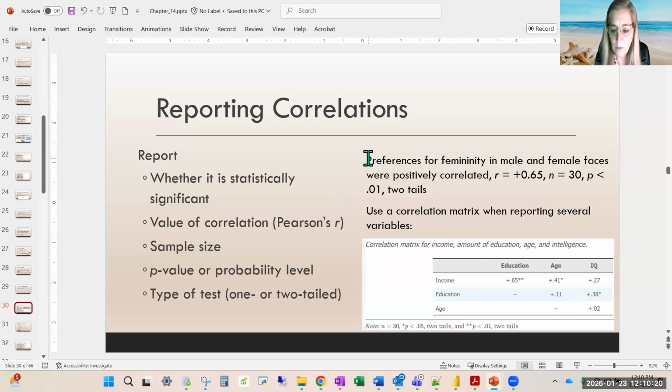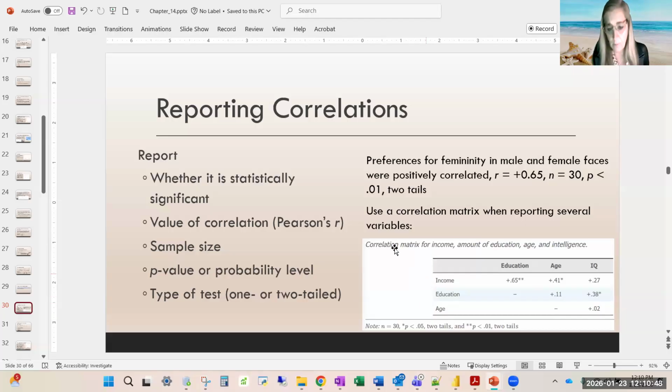So we would write something like: preferences for femininity in male and female faces were positively correlated, where r equals 0.65, N equals 30, and p was less than 0.01. I believe this is an example from another example. We use a correlation matrix when we report several variables, and it would look like this.